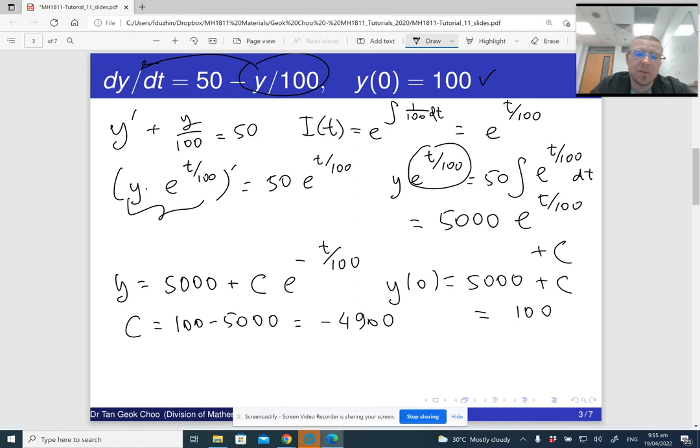Substituting this number for c, I will get the answer. So the answer is y equals 5,000 minus 4,900 e to the minus t over 100. So that's the answer.